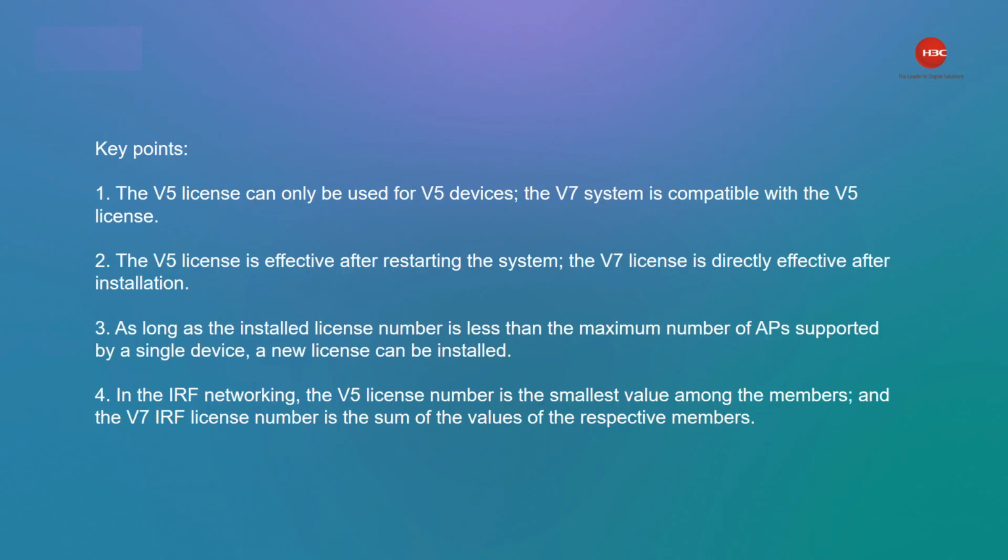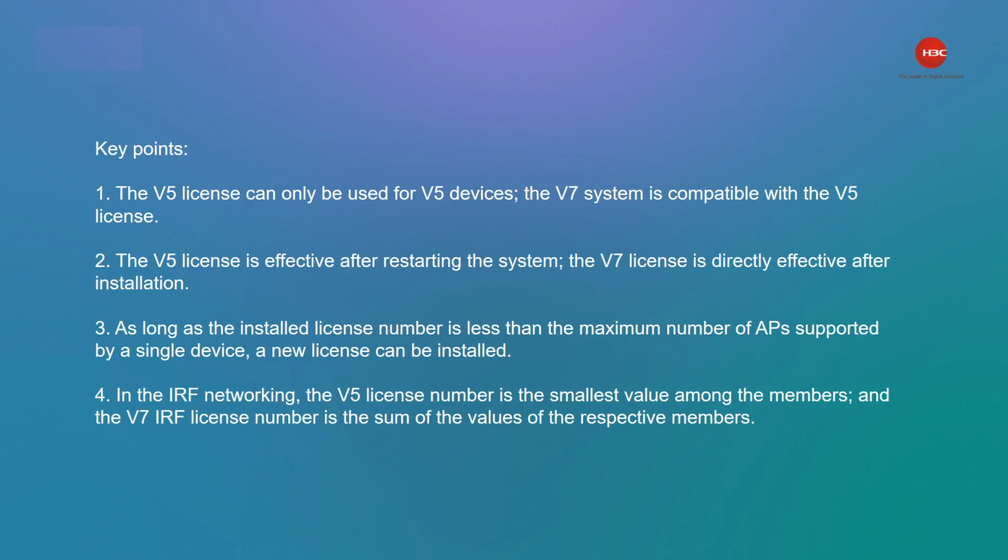Well, here is the end of this issue. Let's review the key points below. Firstly, the V5 license can only be used for V5 devices. The V7 system is compatible with the V5 license. Secondly, the V5 license is effective after restarting the system, and the V7 license is directly effective after installation.